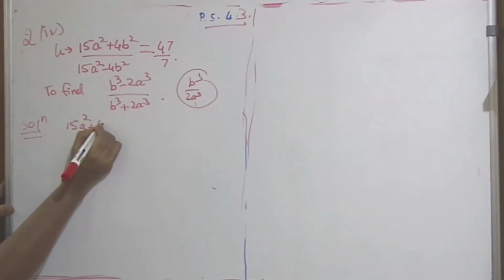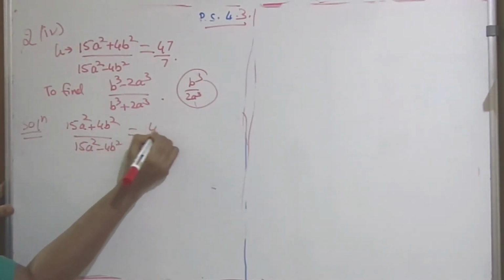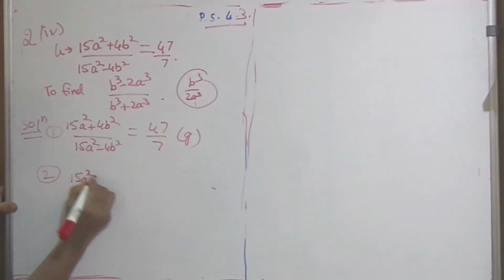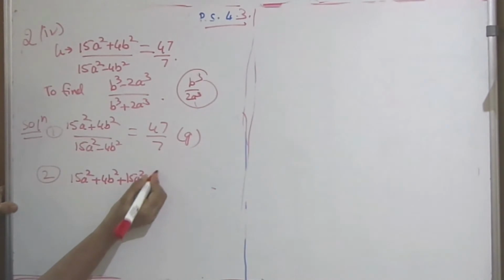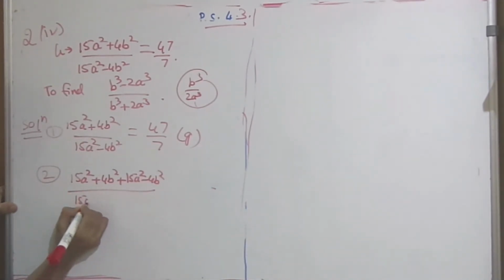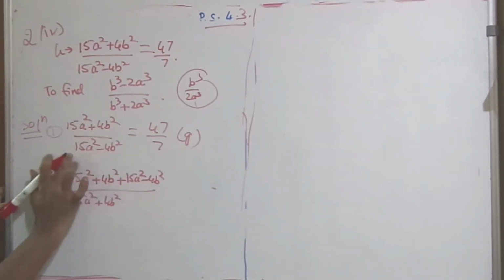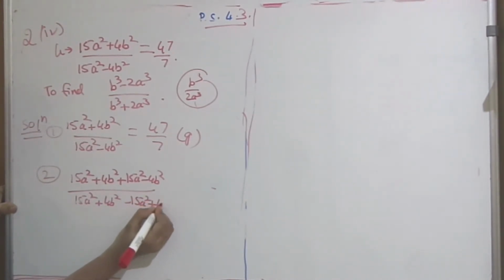15a squared plus 4b square upon 15a squared minus 4b square is equal to 47 upon 7. This is given. Do componendo dividendo on the upper and lower parts once more: numerator plus denominator upon numerator minus denominator. When you subtract the denominator, the signs will change: this will become minus 15a square and this will become plus 4b square.